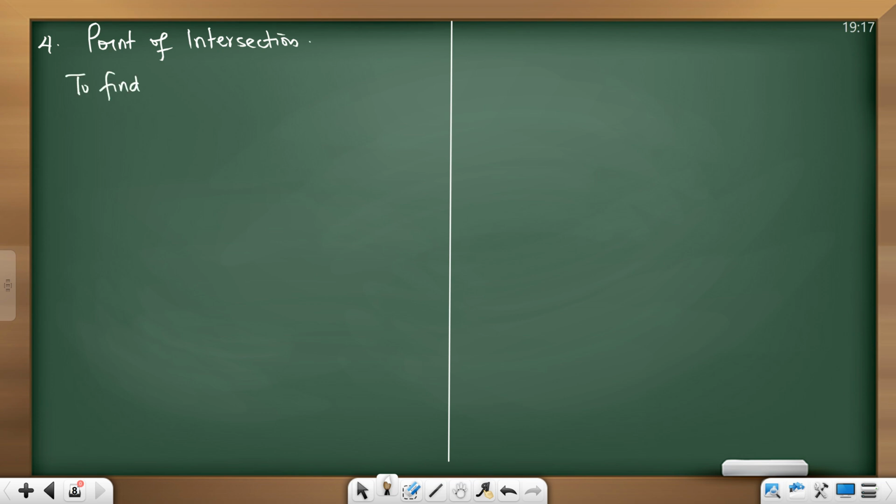To find the coordinate of the point of intersection, we equate the two equations.